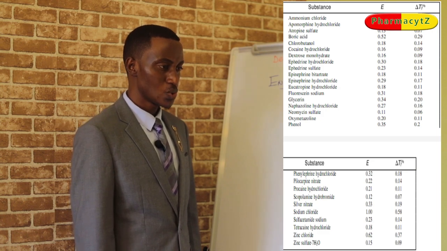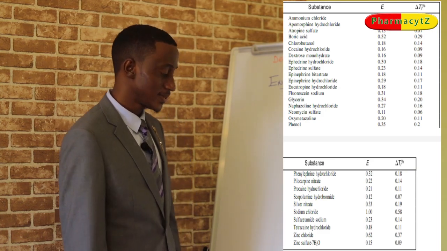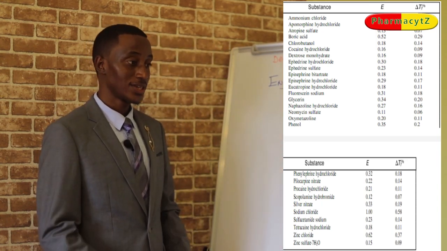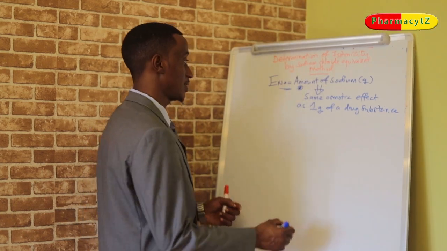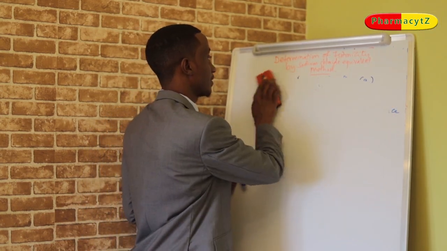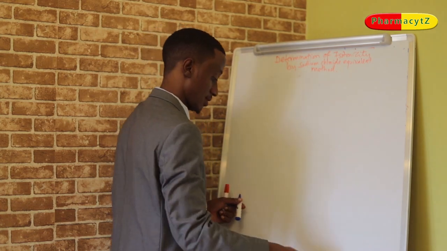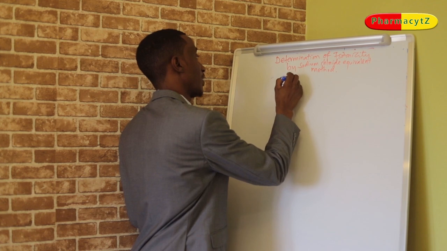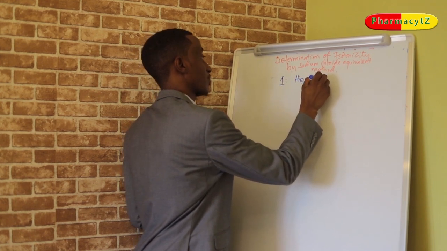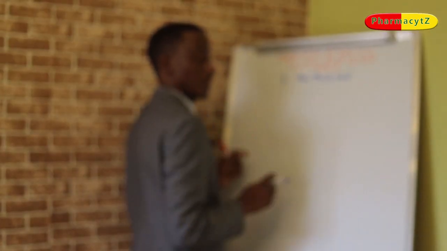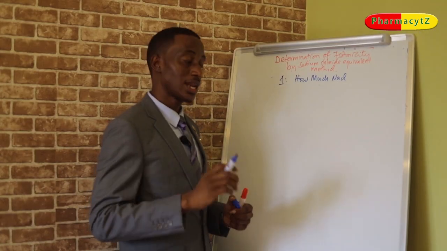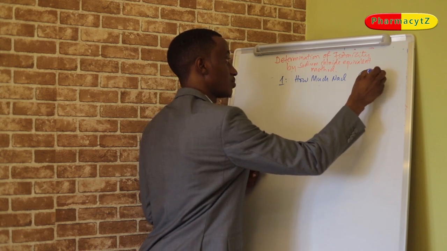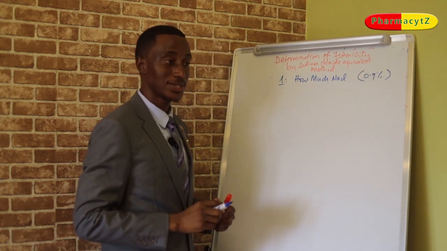Now let's check some examples. To perform this, there are about 3 steps. Memorize these general steps of solving these questions. The first step is to find how much sodium chloride is needed to render the formulation iso-osmotic. This is obtained from the concentration of sodium chloride, which is 0.9%.